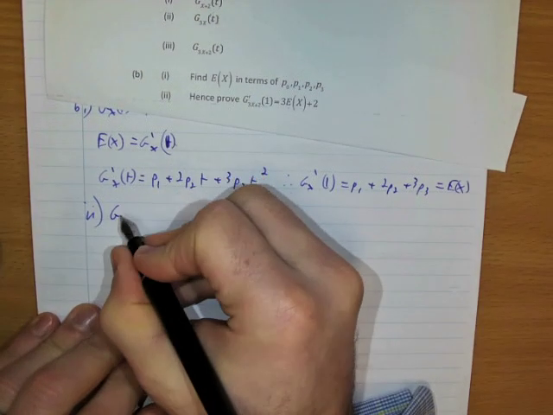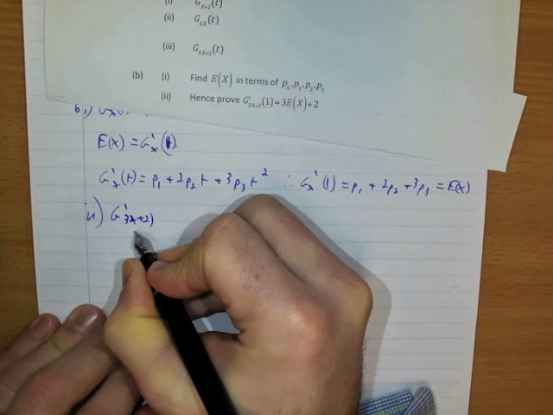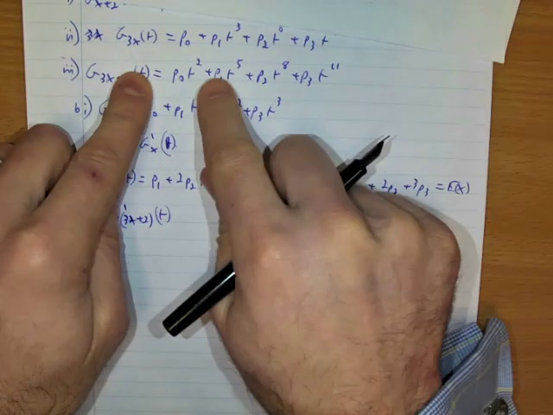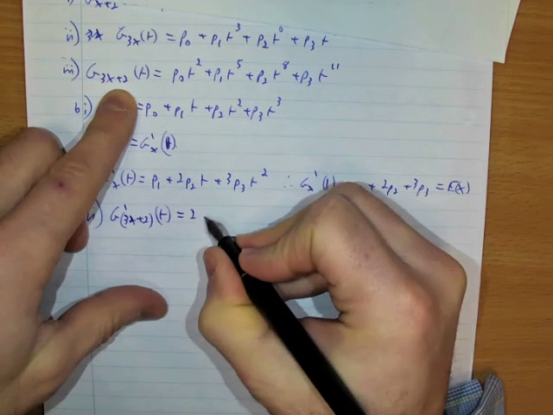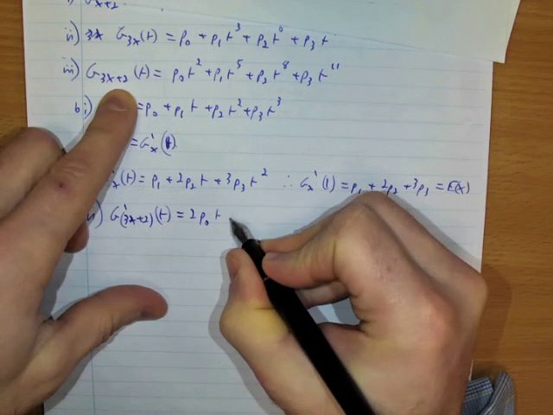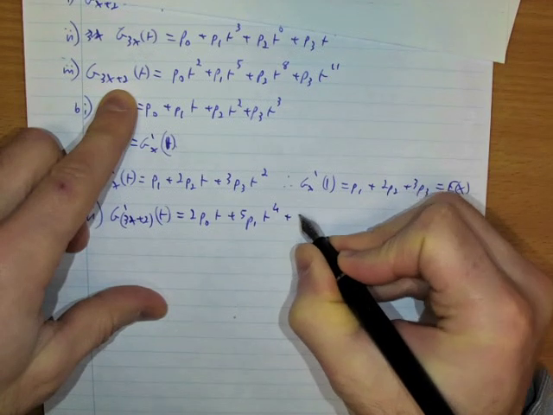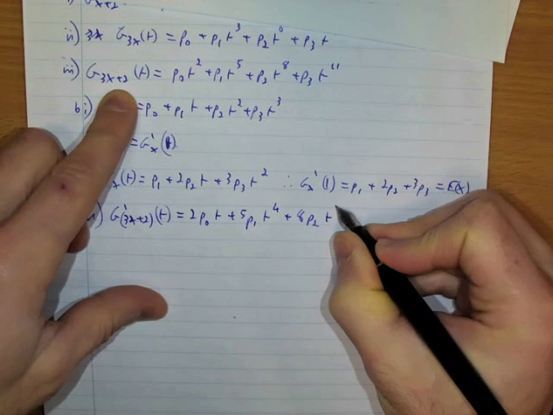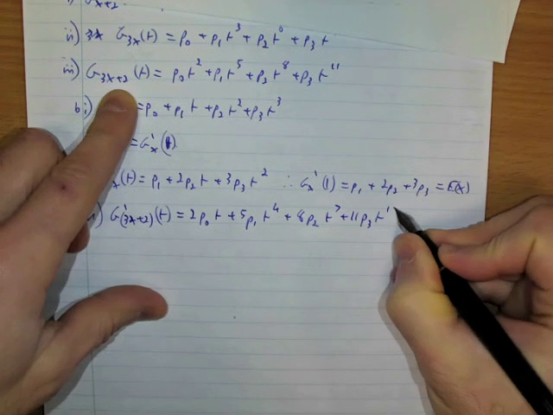So we know g dash of 3x plus 2, t, differentiating this gives us 2p0 t plus 5p1 t to the 4 plus 8 p2 t to the 7 plus 11 p3 t to the 10.